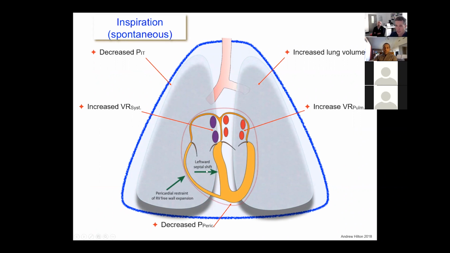That means that the pressure changes are going to be exaggerated in the heart chambers. All right. So we're more likely to get a leftward shift. So as you breathe in spontaneously, we are going to increase the volume in an enclosed space. Hence, we'll increase the right side of the heart, which will cause leftward shift.